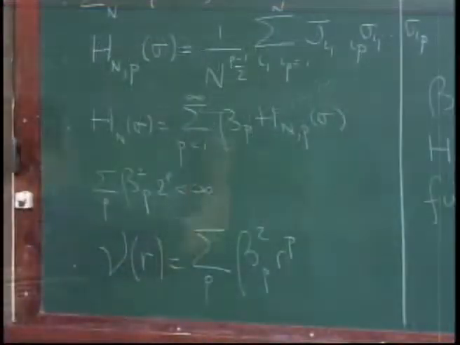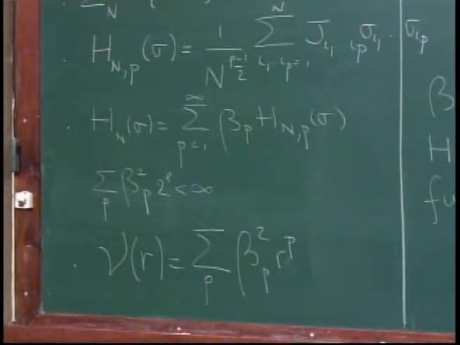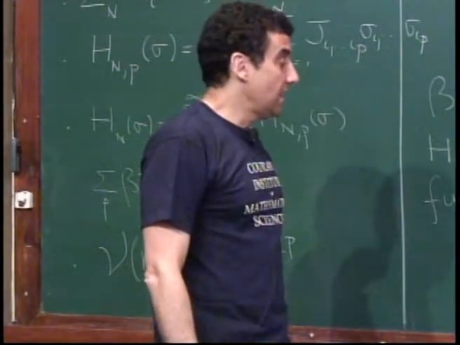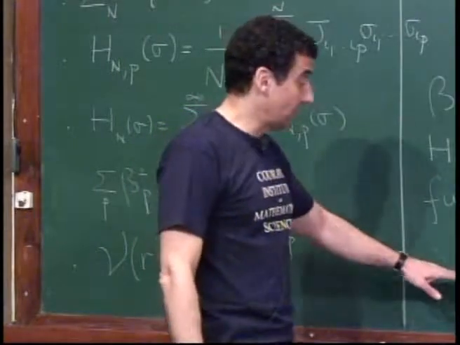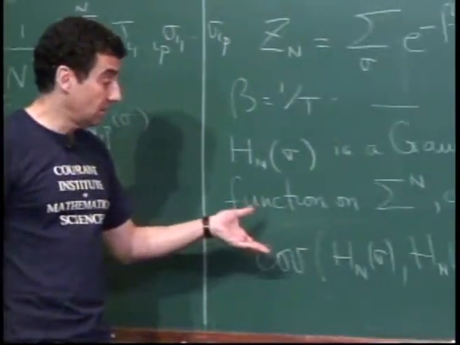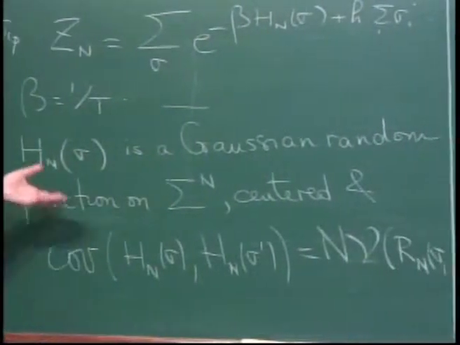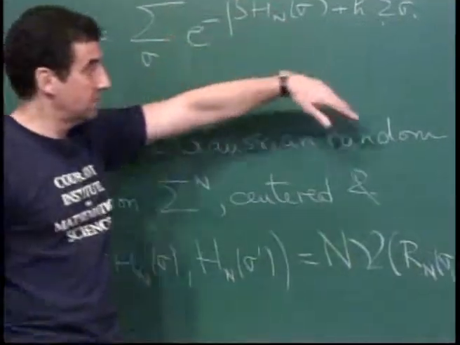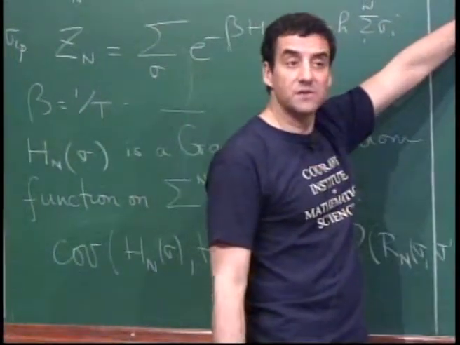All right, and again, yesterday I stressed the following fact. This says that the covariance of the Hamiltonian is a function of the distance of the 2 points, because this is directly linked to the distance of the 2 points.